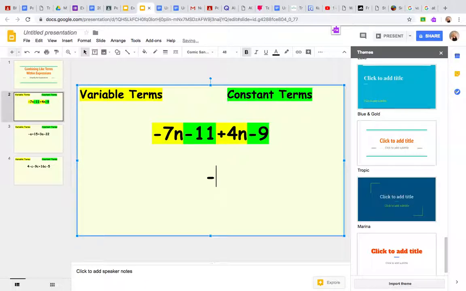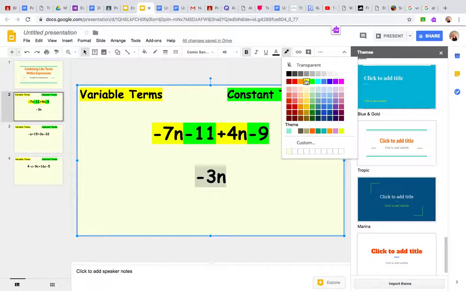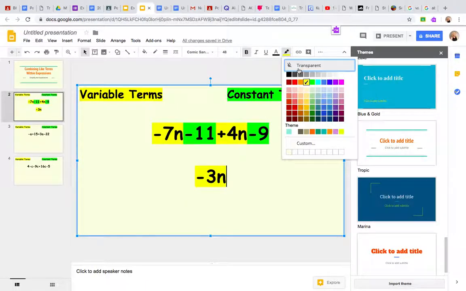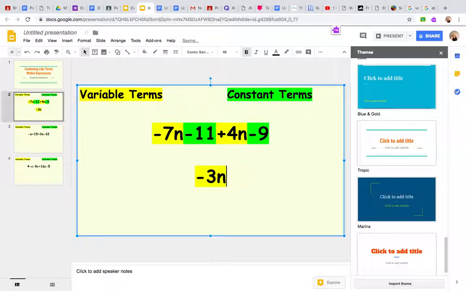So I have a negative, and then 7 minus 4 is 3. And I have to remember to put the n, because that is a part of our variable term. I'm going to highlight this yellow so that you can see that we have combined that term.